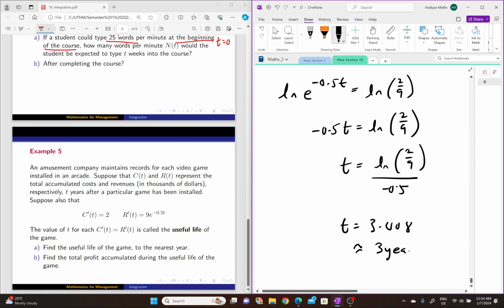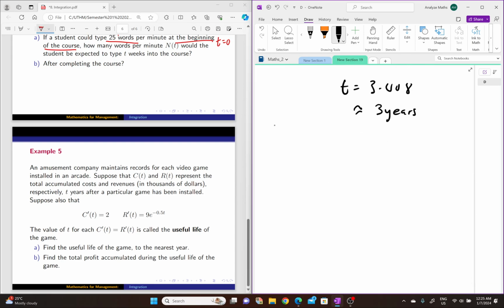Okay, so the useful life, the value of t, the useful life is 3 years. Okay, for B now, find the total profit accumulated during the useful life of game.